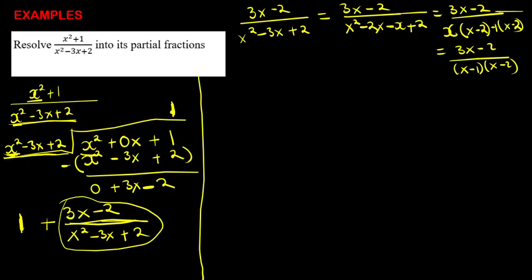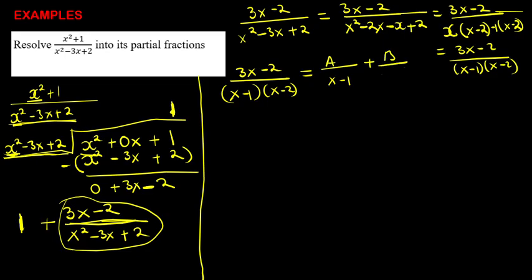Then the next thing, it will be (3x minus 2) over (x minus 1)(x minus 2), like that. Meaning it will be equal to a over x minus 1 plus b over x minus 2. So that is what you have.